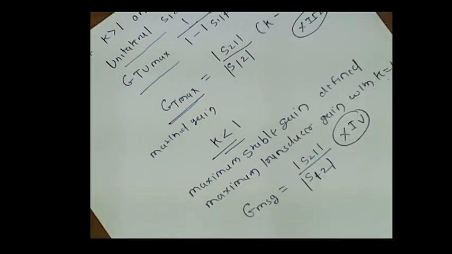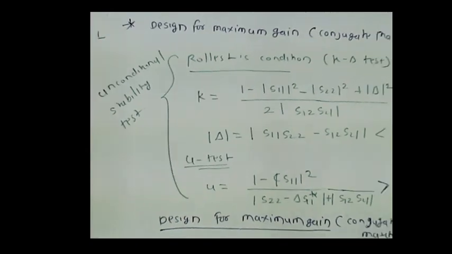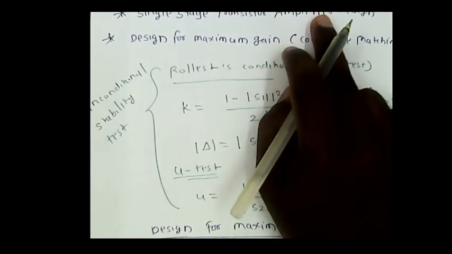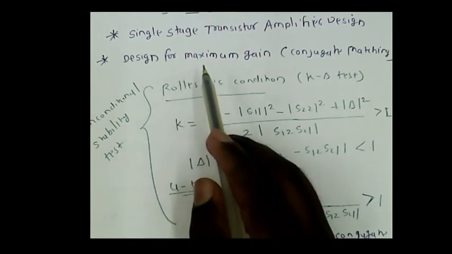The maximum stable gain is easy to compute and offers a convenient way to compare the various gains under the operating conditions. So this is the equation for the design of a single stage amplifier for maximum gain in the conjugate condition. In this lecture we discussed single stage amplifiers, transistor design, and the condition for design of maximum gain.